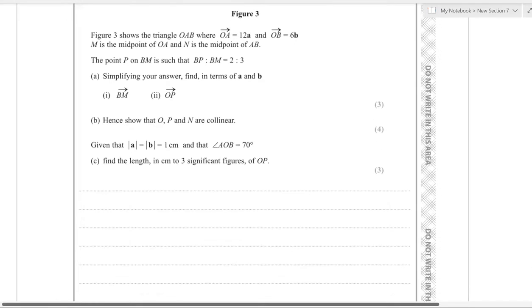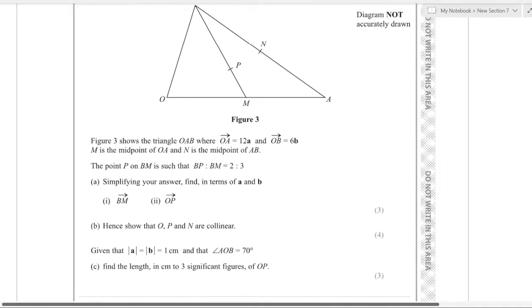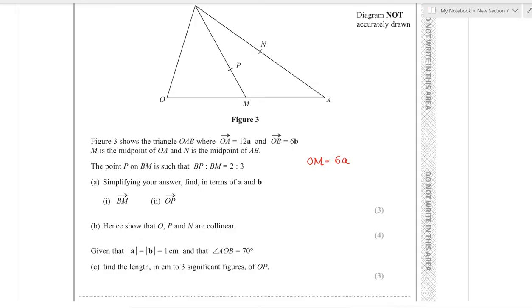So we have few things written here, that is OA is 12A and OB is 6B, and M is the midpoint for OA, that means OM would be half of OA, that is basically 6A, and N is the midpoint of AB, that means not ON but AN or NB would be half of AB.